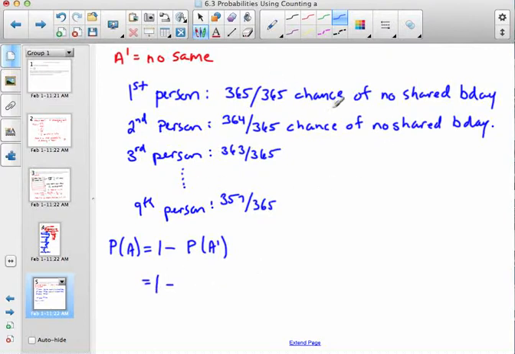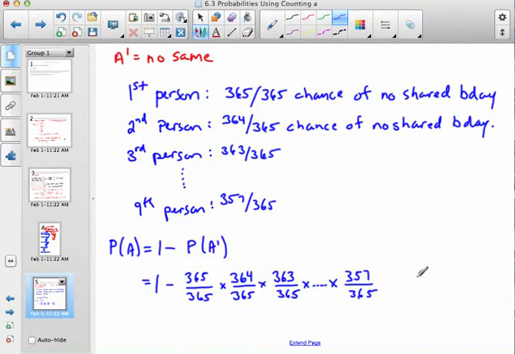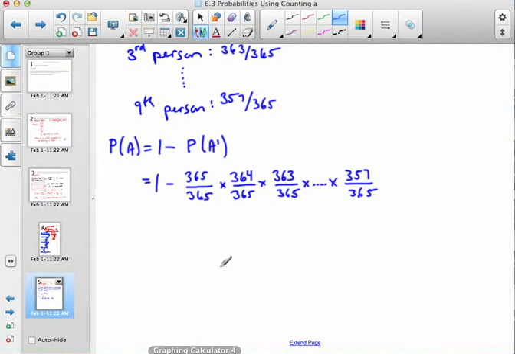Well, the probability of no shared birthday is the probability that one person doesn't share a birthday times the probability that the second, third, fourth, and all the way up to the ninth person does not share the same birthday. 363 out of 365. So all these probabilities multiplied together, all the way up to 357 out of 365. Those are some big numbers. So let's maybe simplify this a little bit.